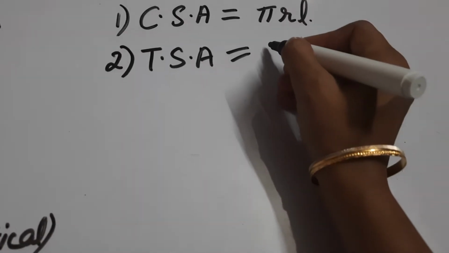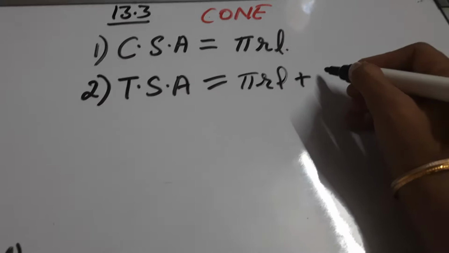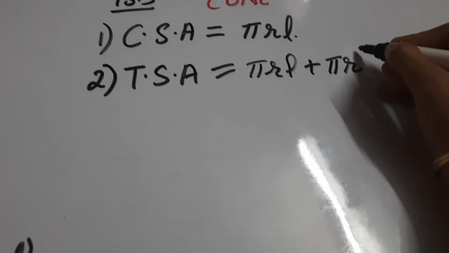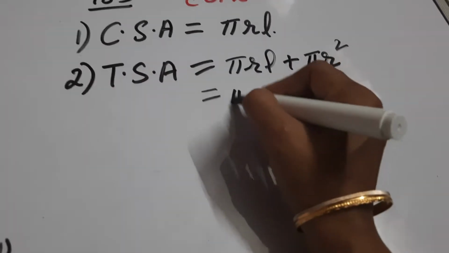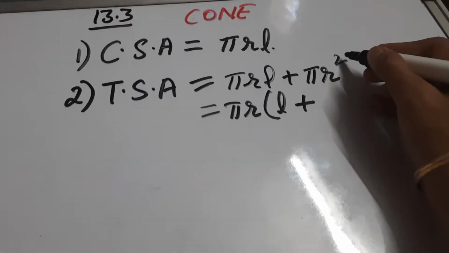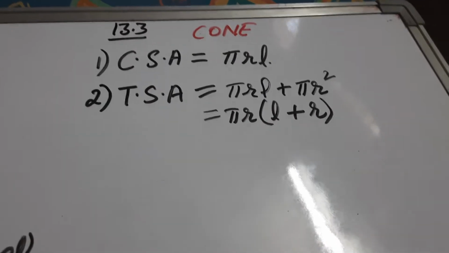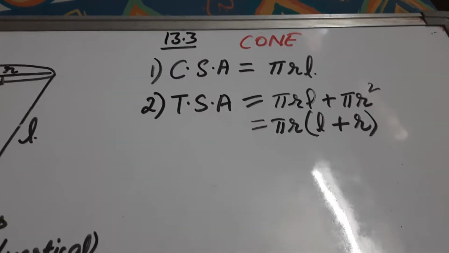That means curved surface area plus the area of the lid, which is circular in shape as I showed you, and the area of circle is pi r square. Just take out pi and r common. What is left? L plus r, one r gone out, one is left. So this is the formula, right? So in this way you will get two formulas for this.